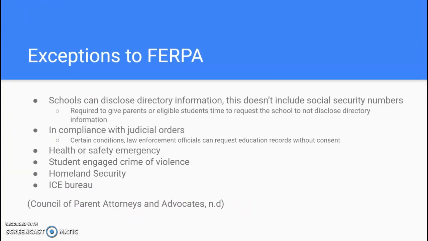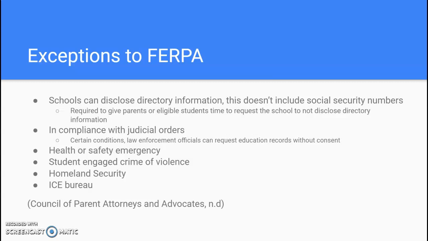There are exceptions to FERPA. Schools can disclose directory information, like stated previously. Again, this does not include social security numbers or any personally identifiable information. However, it is required that they give parents and eligible students time to request that the school not disclose any directory information.